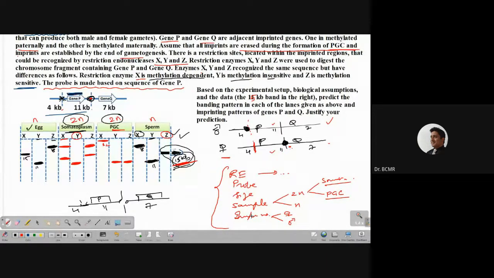It's complex, it's a puzzle. I give only one thing and the rest you have to work out. Sometimes I give the data and ask you to determine the imprinting status, or which one is maternally imprinted and which is paternally imprinted.